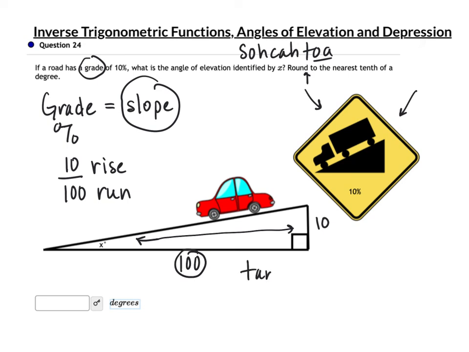That's going to be the inverse tangent. And we don't plug in an angle, we plug in a ratio of 10 over 100, or you could just say 0.1. And that will be the angle X. Plug that into Desmos. And the angle looks to be to the nearest tenth, 5.7 degrees.